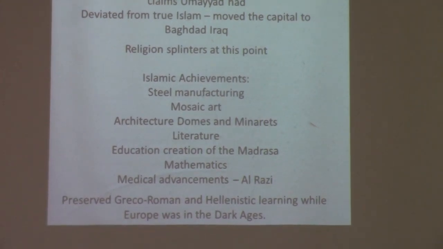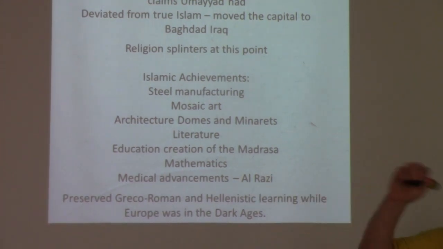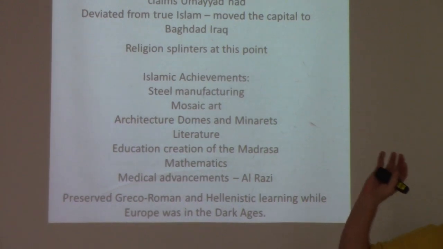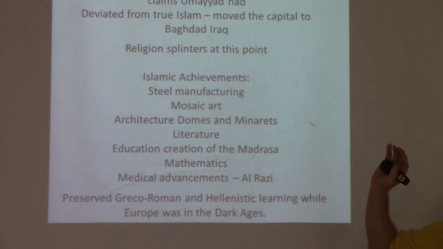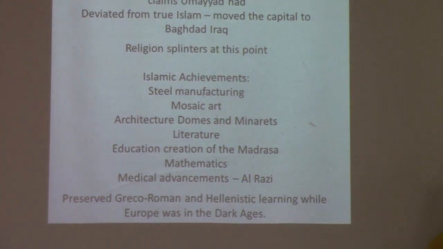In Baghdad is the great university known as a madrasa, as Islamic scholars went across Africa and parts of Europe and Asia to study and learn and bring those collections back and add on to known knowledge. The medical advancements of Al-Razi, like cleanliness and bacteria and stitching.